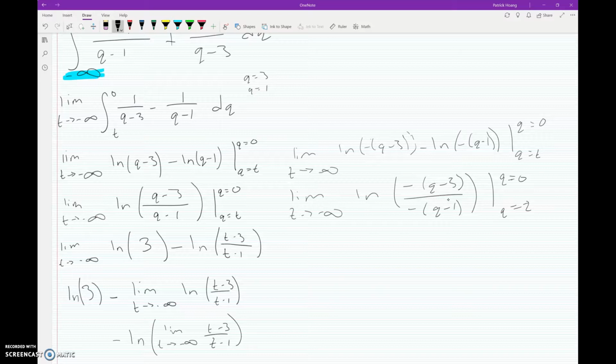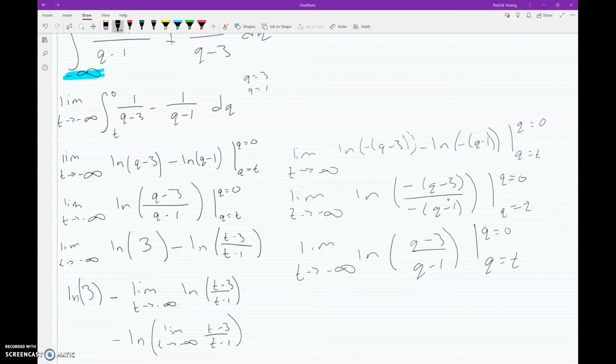So we see that this is a negative divided by a negative, so this is the limit as t approaches negative infinity of natural log of q minus 3 divided by q minus 1, evaluated from q equals t to q equals 0.